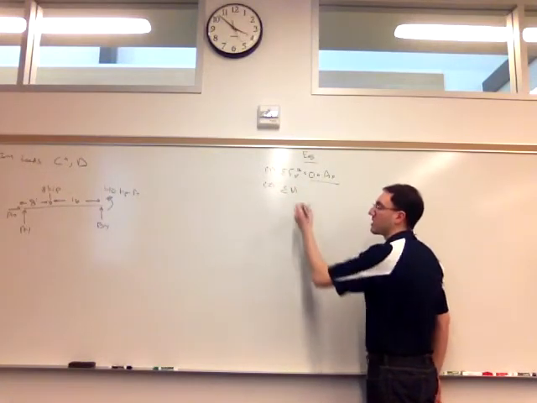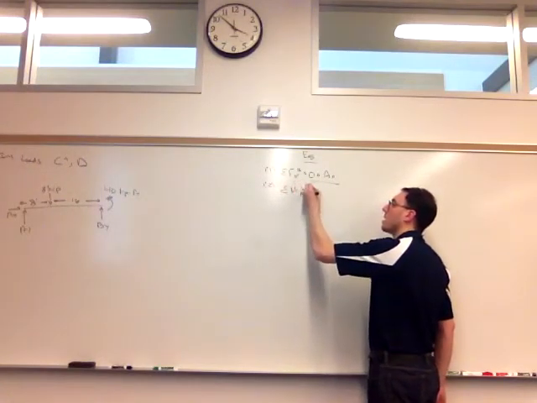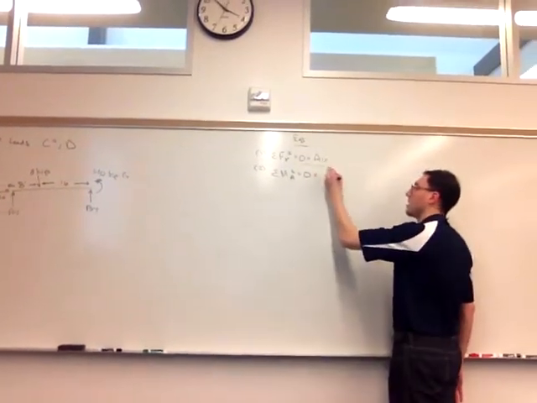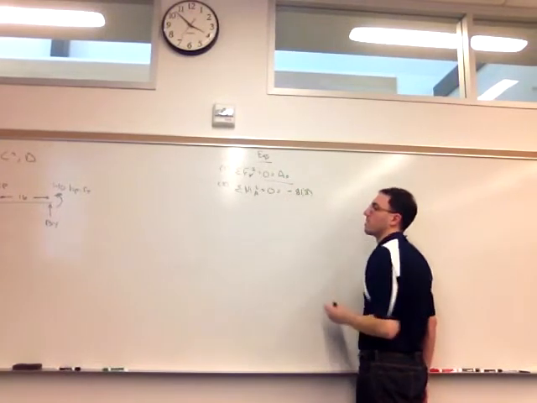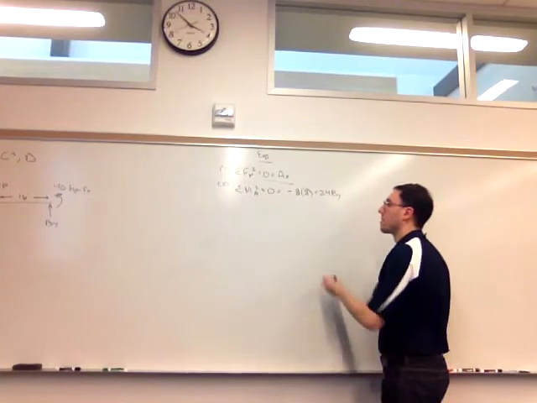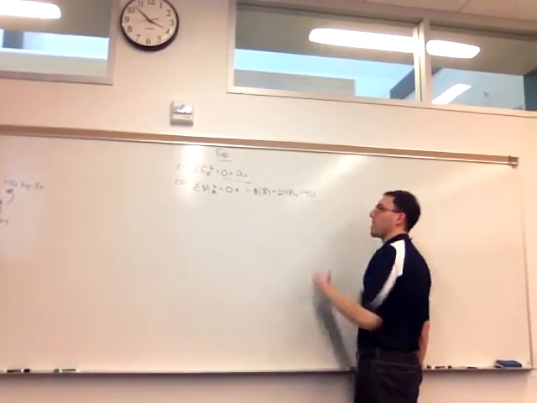If we take moments around A, we'll have a negative 8 times 8, plus a 24 BY, plus 40 from the applied moment.